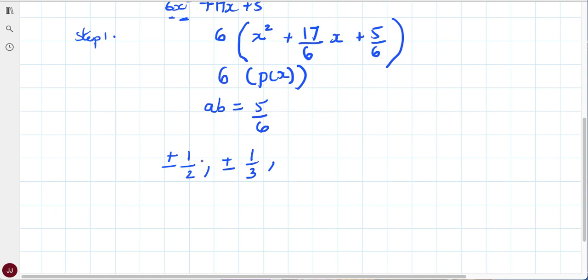this into 5 by 3 gives 5 by 6. This one into 5 by 2. So these are all the factors.